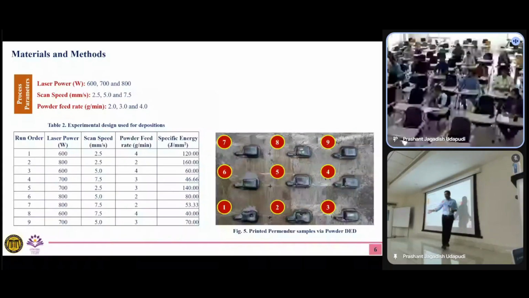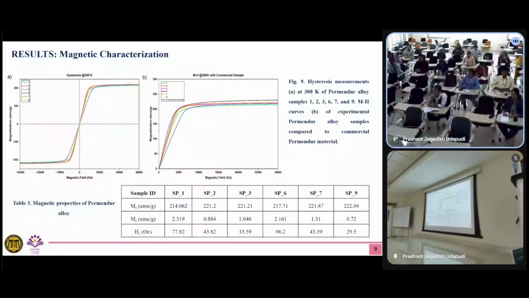But we could not establish a clear pattern, but we got a composition that is close to the commercial material, meaning close to the original material, the one that we checked or the one that we machined, right? So this black one is the commercial sample.